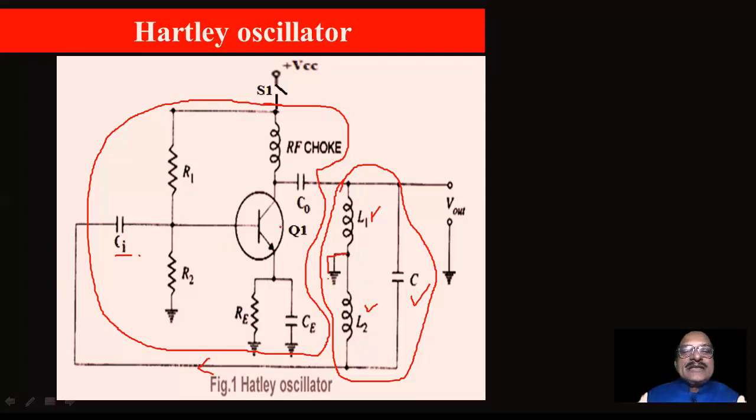Then this common emitter amplifier will amplify that small voltage and it appears at the collector in an amplified form. And then this voltage is further used to charge the capacitor. See, whatever energy is lost by the capacitor is provided by this amplifier so that the capacitor gets proper electrical energy. This is one part.